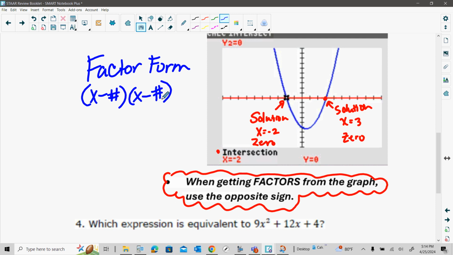So I'm going to take our value of x right here and put it in factor form, but do the opposite. Since this is -2, this would be x plus 2, positive 2. Since this is a positive 3, the next one would be x minus 3. And there is our factor form.